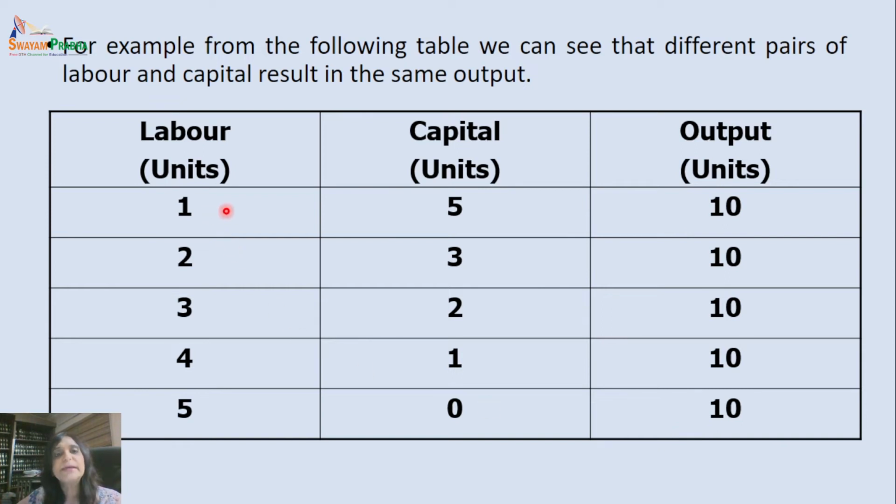So in order to increase one variable factor, you have to reduce the other variable factor. When we plot all these 5 labor-capital combinations on a graph, we get a curve, and this curve is called an isoquant. All of them are giving us the same level of output.